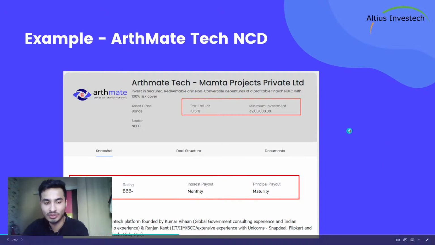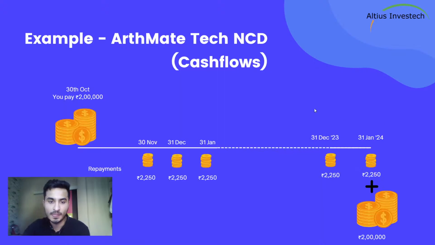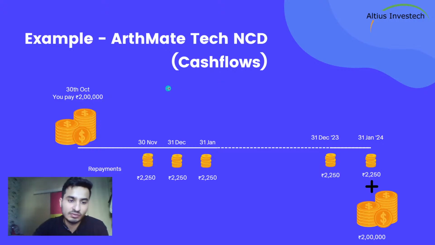So let's take a look at the cash flows of the Arthmate bond. Say, for example, you are investing rupees 2 lakhs on 30th of October in the security. This is how the payments would look.